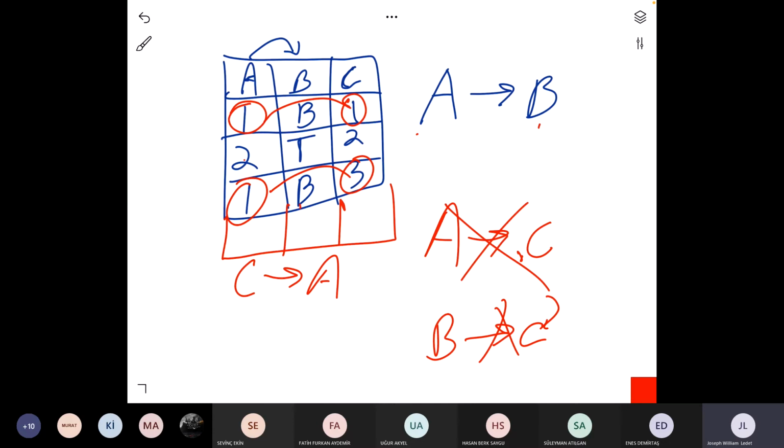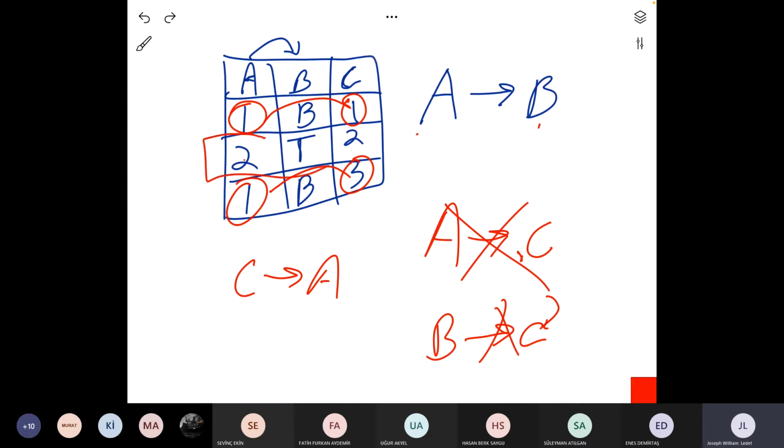What we do see for sure is that when a 1 shows up in A, a B shows up in B. If there was a fourth row down here, like 2 and S, then we would know that this is now not true.